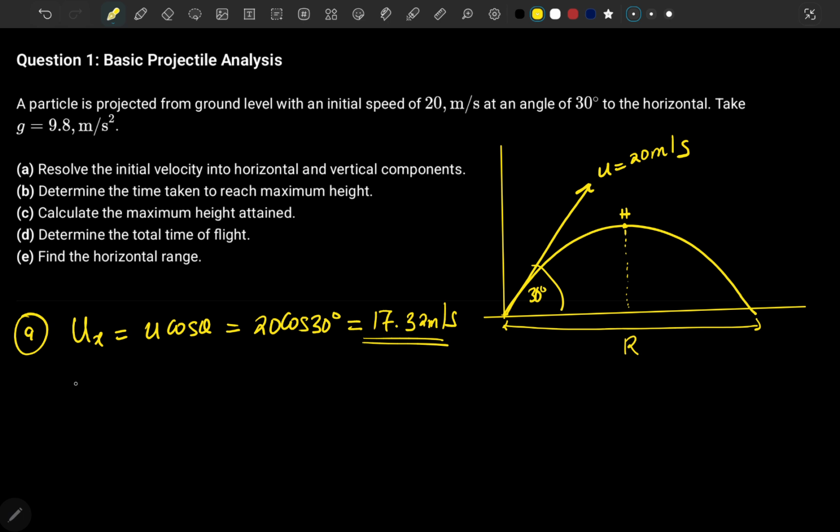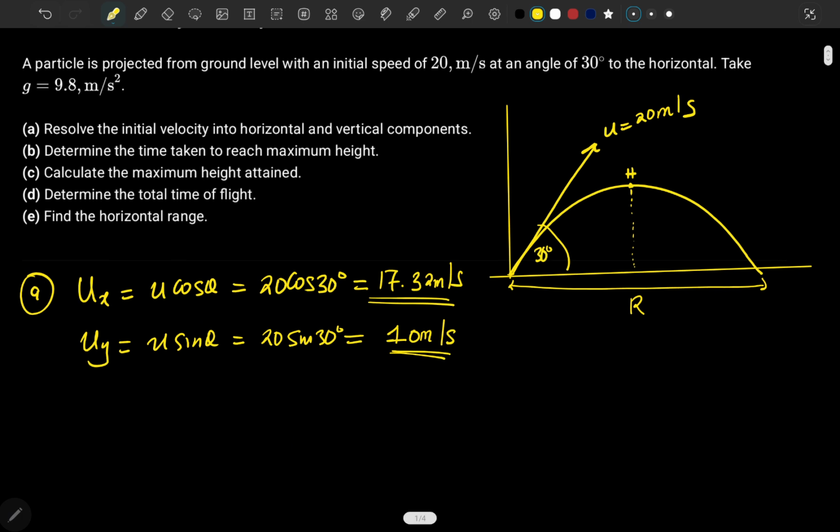Then in the y, which is the vertical, it is u sin theta, so the y deals with the sine theta. I'm getting 10 meters per second. So part A is done, just like that.